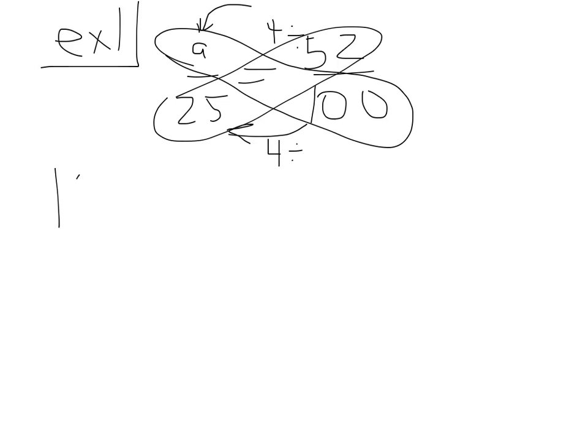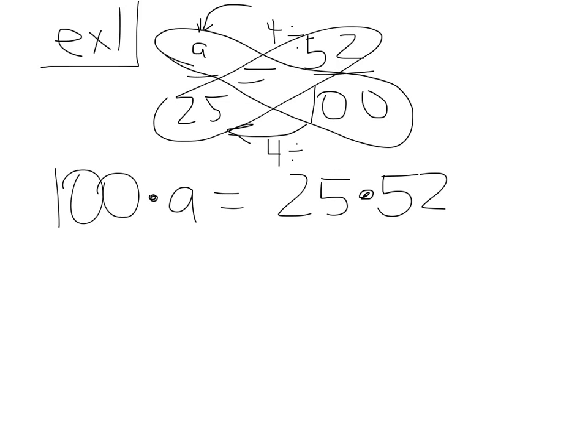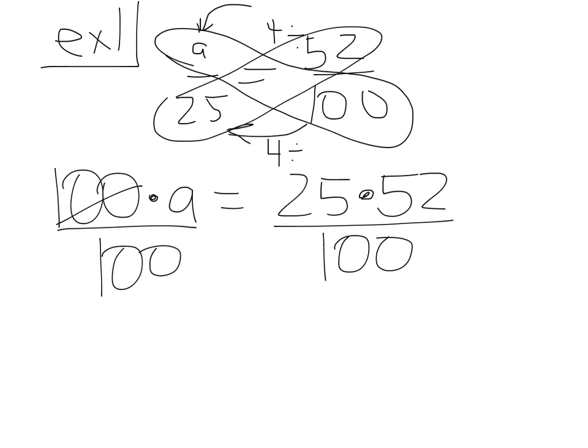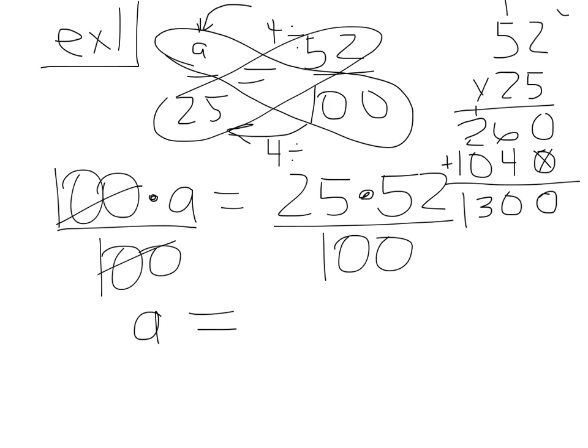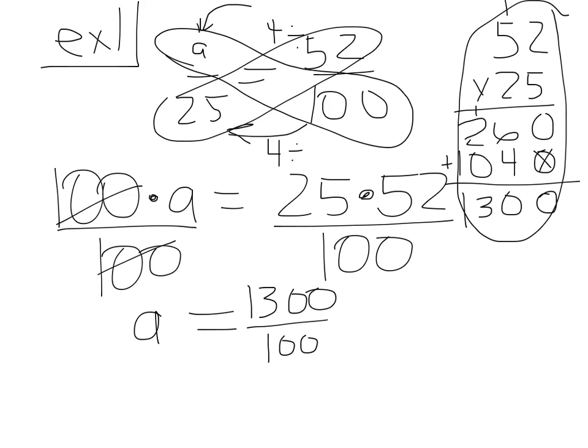So 100 times A equals 25 times 52. After you cross-multiply, divide by the number with the letter. So we've got 25 times 52 divided by 100. 52 times 25 is 1,300, and then you take 1,300 divided by 100.